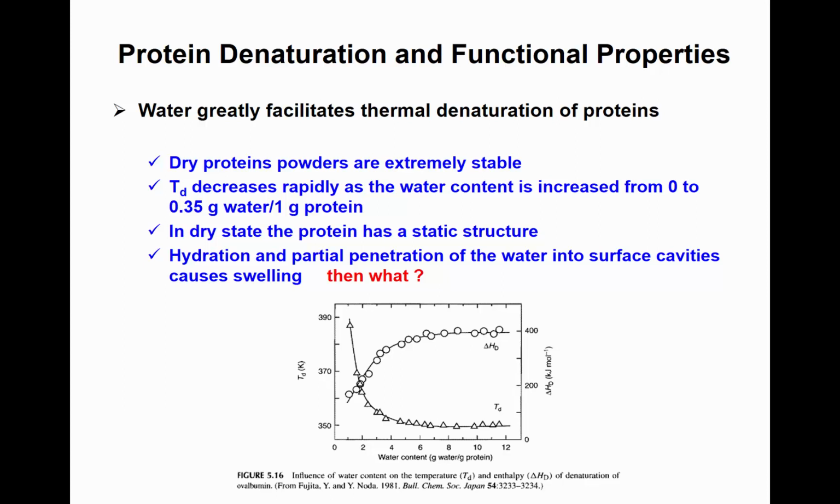So the hydrogen bonds will be broken, and then the residues will start interacting with the water molecules, forming hydrogen bonds. So swelling occurs because water goes in and the protein structure starts opening up and interacting with water. That's why with heat and water you get more denaturation than when you have dry powder and heat.